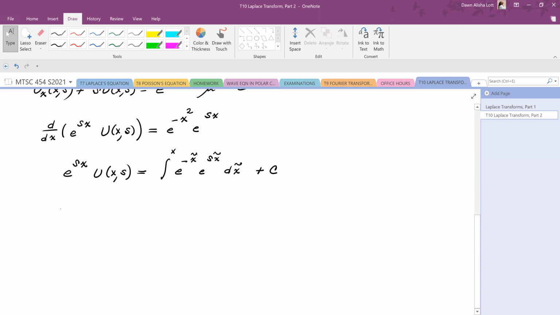And so now U(x, s) turns out to be whatever this integral is, of e^(-x̃² - s x̃) plus a constant, that whole thing over e^(sx).